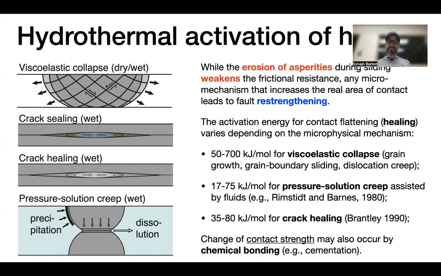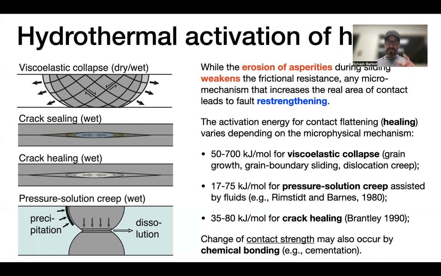Pressure solution creep, in the presence of water, obviously operates at much lower temperatures, with activation energies between 17 and 75 kilojoules per mole. The sealing of cracks, or the cementation process, also operates at low activation energies between 35 and 80 kilojoules per mole. What it means is that at these low activation energies, the processes will be extremely fast at room temperature.